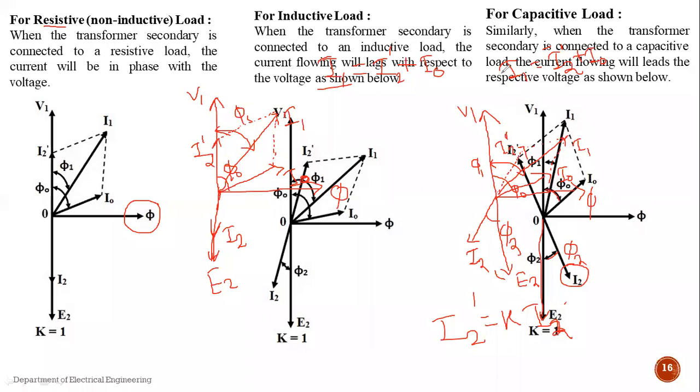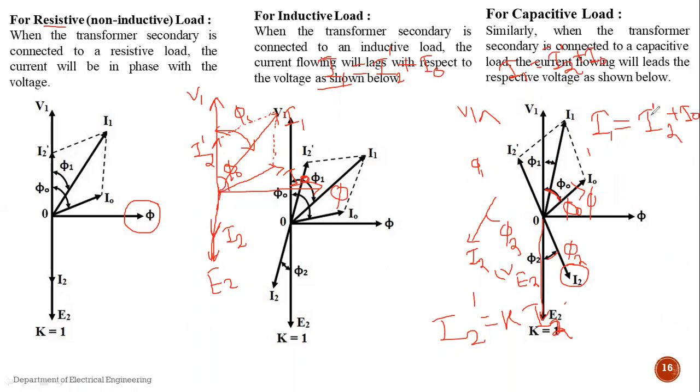When it lags by less than 90 degrees, the angle between them is represented here as 50. See, here the angle between the supply voltage and the no load current I0 is 50 degrees. Now we want to calculate the primary current I1, and this primary current I1 is the vector sum of the no load current I0 and the additional current taken from the supply, that is I2 dash.